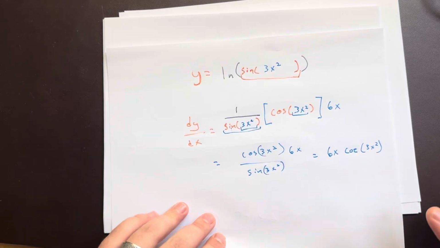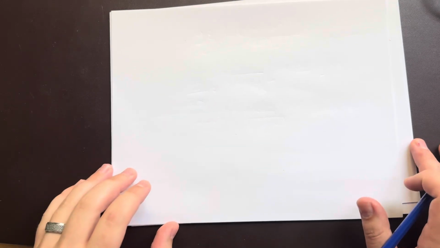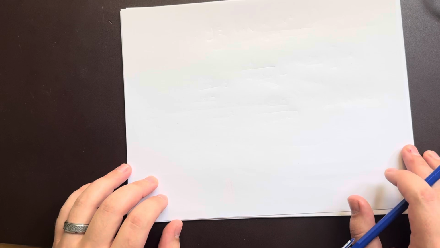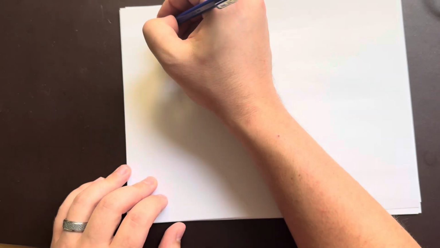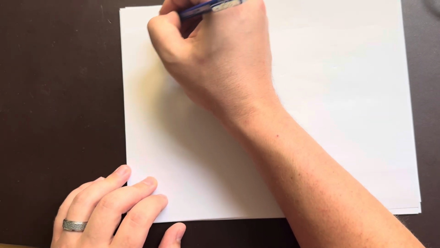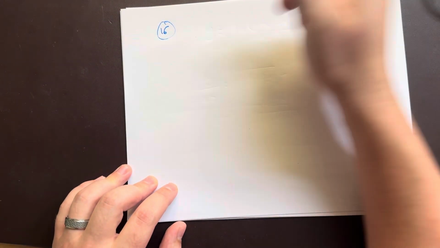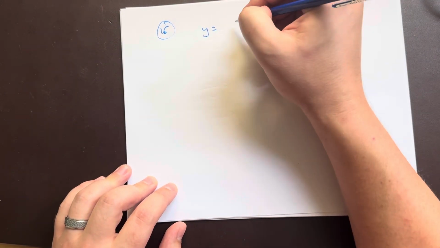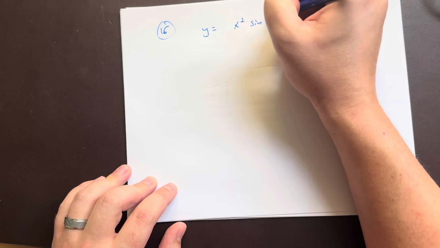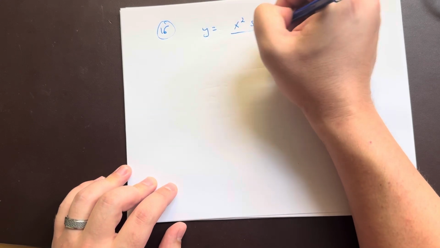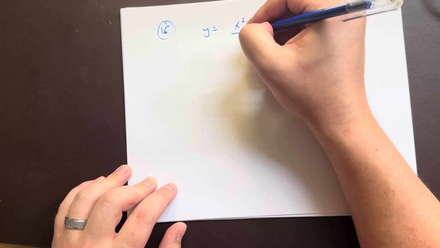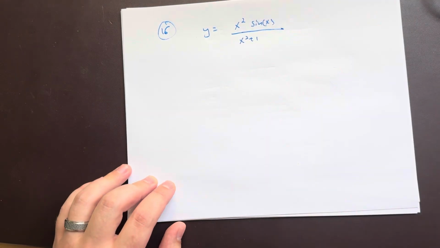The next one's going to be a little messier. Number 16. Y equals x squared sine of x over x squared plus 1.